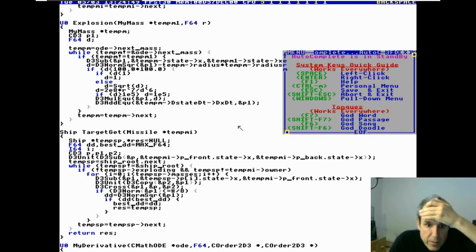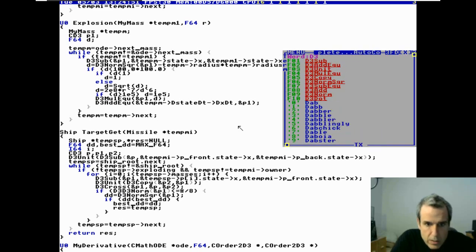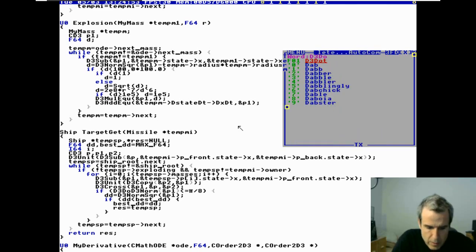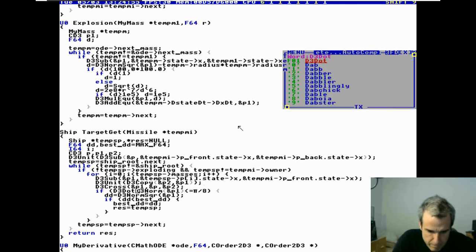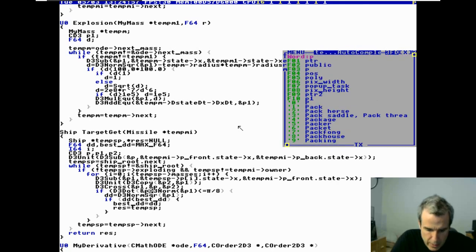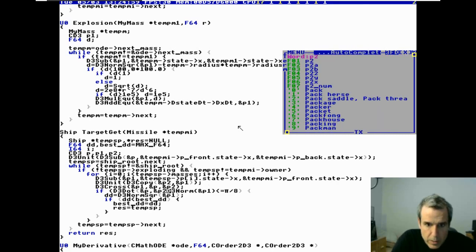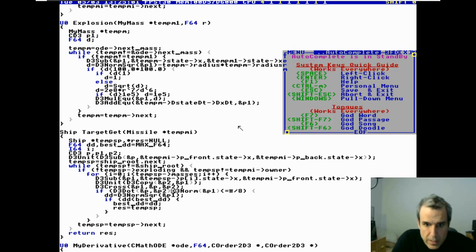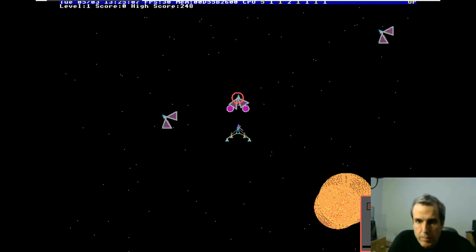I guess we have to say if D3 dot address P2, if the dot product greater than 0 and the cross product.